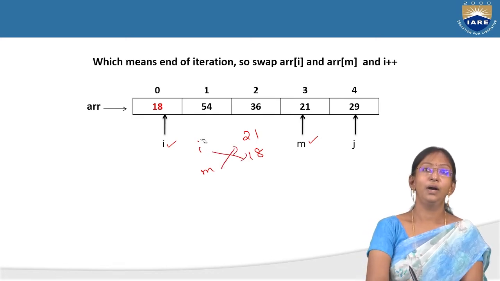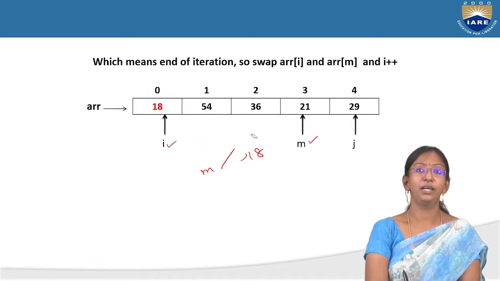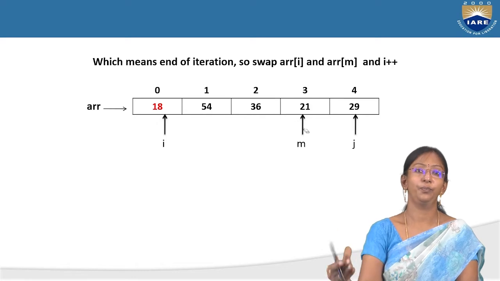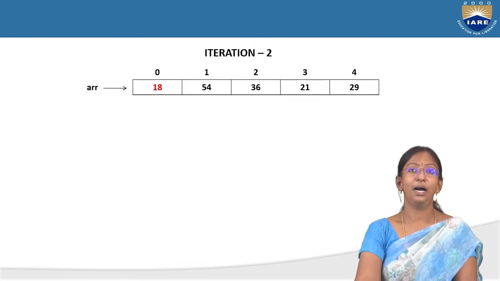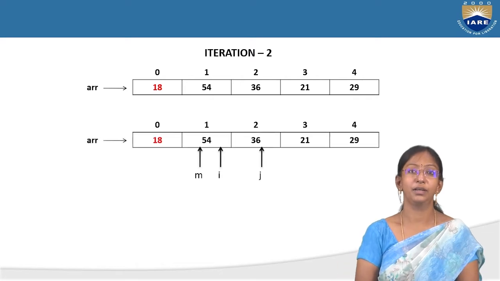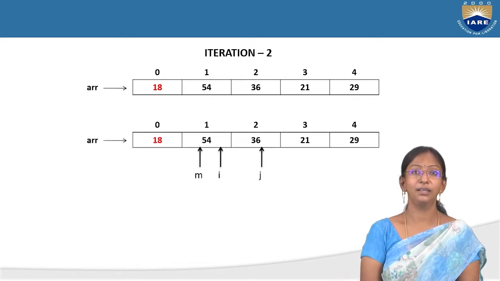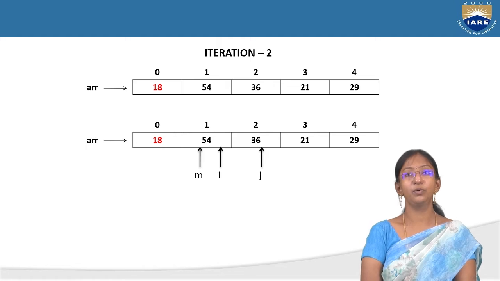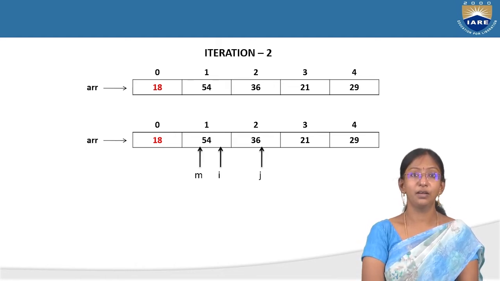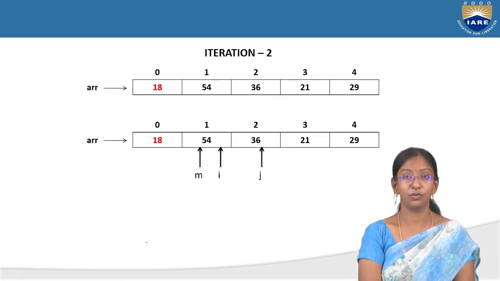By the end of each iteration, I'm going to increment the i value. So now this is the current position, guys. You can see that I have frozen 18 because 18 is the smallest element and it has come to its right position by the end of the first iteration.